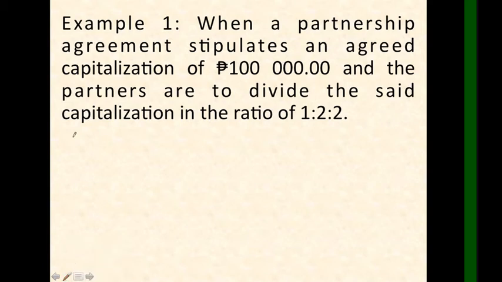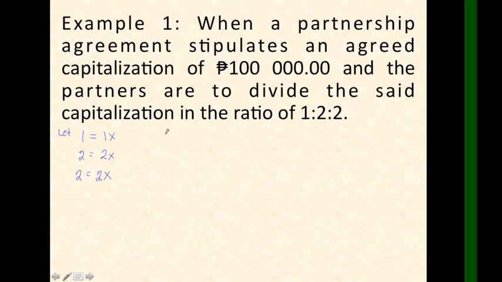So, ang gagawin lang natin is, we just let 1, which is equal to 1x, 2, which is equal to 2x, and 2, which is equal to 2x. Then, form an equation.